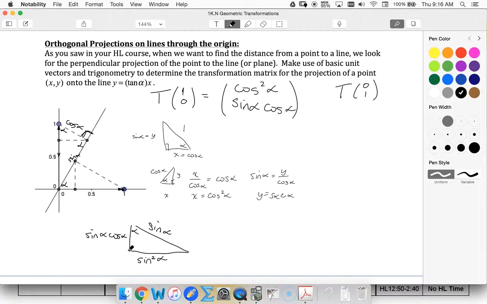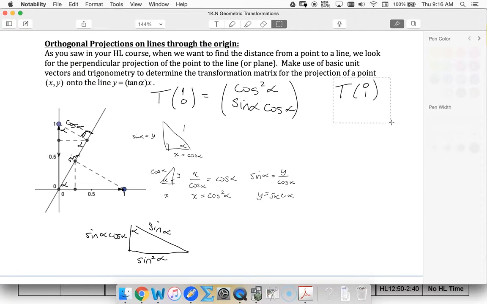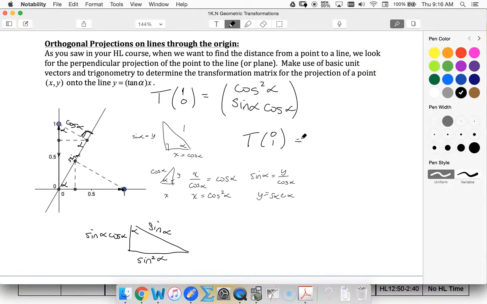So looking at putting these two things together, I've got my x coordinate is sine alpha cos alpha. So let's move this back down over here. Sine alpha cos alpha, and then my y value corresponds to here, sine squared alpha.